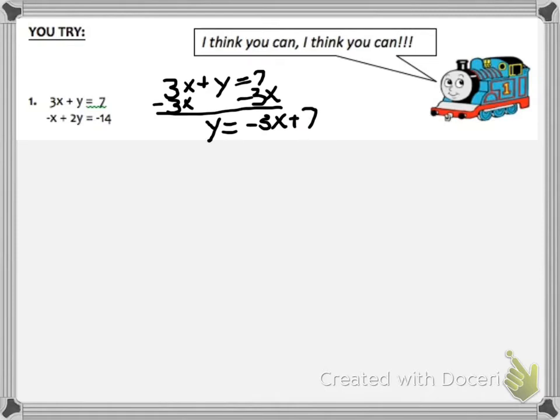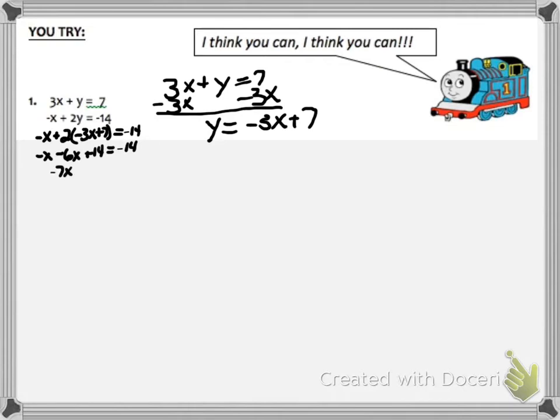Now, I'm going to take this and substitute it into the second equation. The second equation says negative x plus 2 times whatever my y was, and my y was negative 3x plus 7, and altogether that equaled negative 14. I'm going to distribute. I get negative x minus 6x plus 14 equals negative 14.